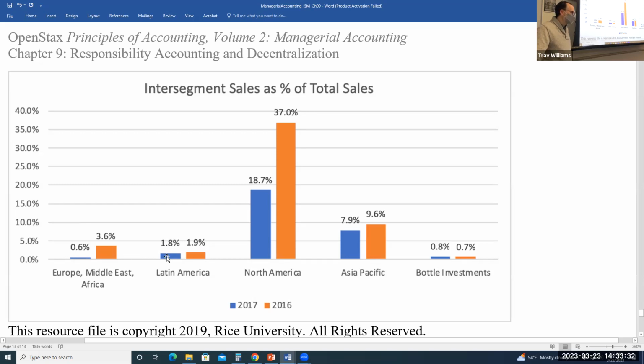We see a slight decrease in Latin America, a huge decrease in North America, a slight decrease in Asia, and really the only place where inter-segment sales increased as a percentage of total sales was bottle investments. Again, whatever that is, I don't even know.